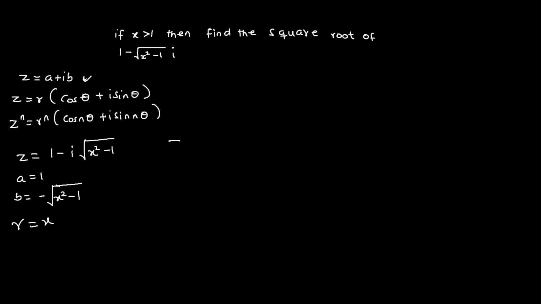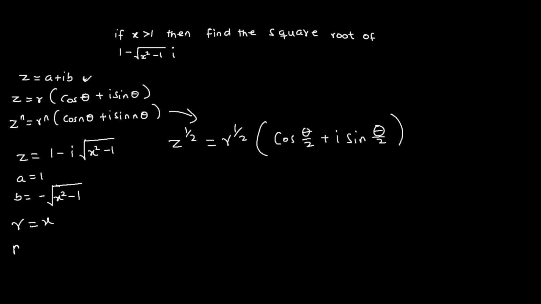So that would be like z to the power half equals r to the power half, multiplying cosine of half theta, so that was theta divided by 2, plus i sine of half theta, which was theta divided by 2. This is what you have now from this formula here. So from here you see that n equals half. So let's write that down. We have n to be equal to half. Okay, let's continue.